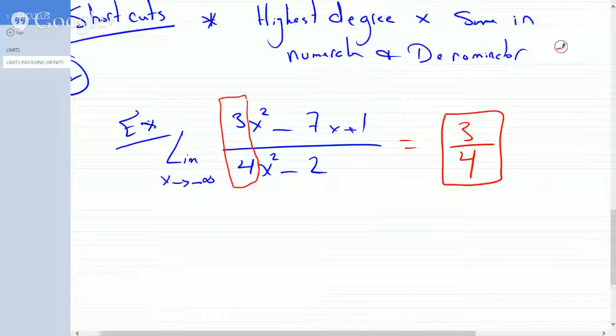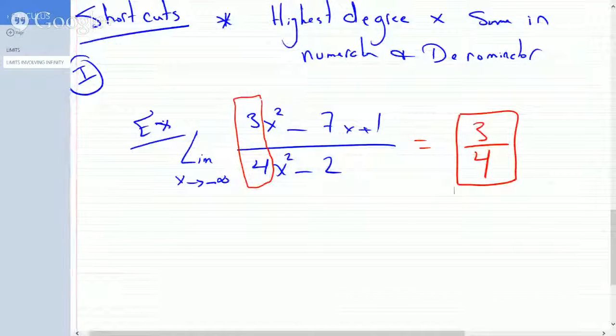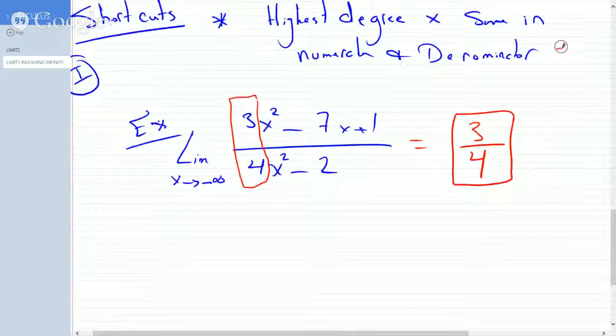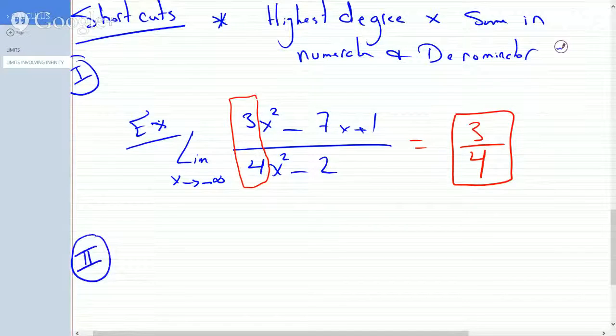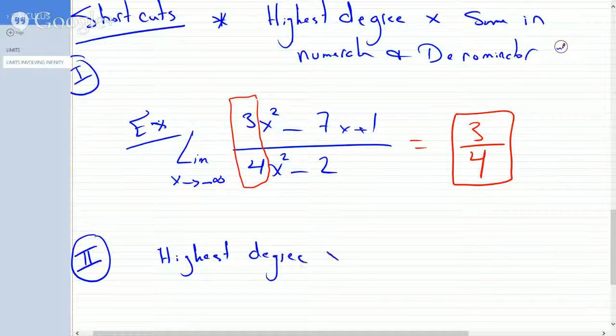Now, the second case is: the highest degree x in the denominator is bigger.